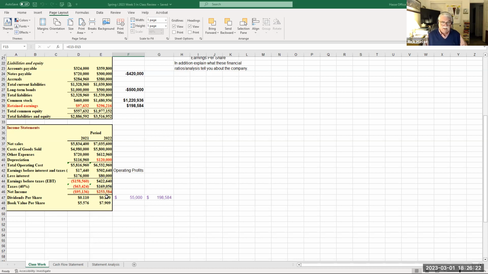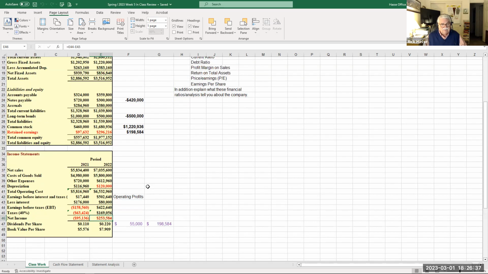And after all of that, you have what is called net income, revenue less expenses. Notice this company lost money in 2021 and made a profit in 2022.